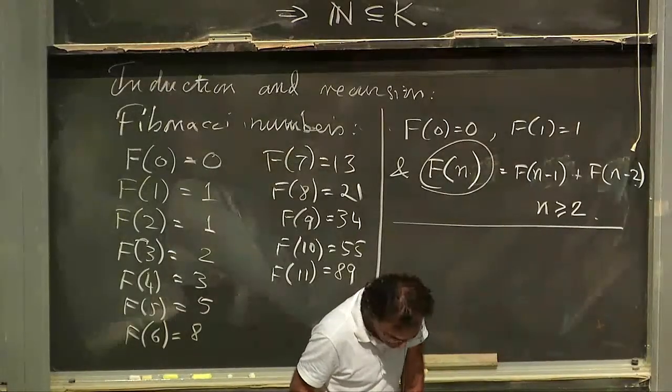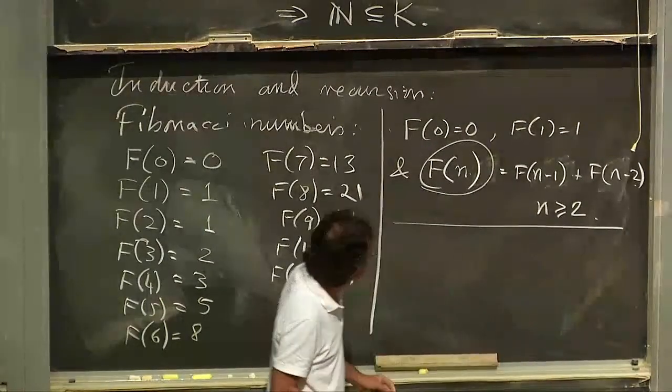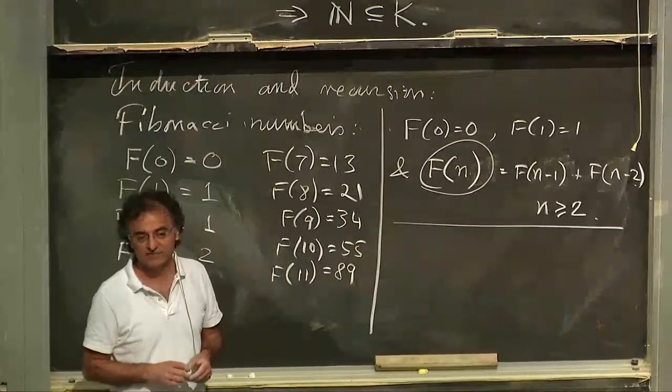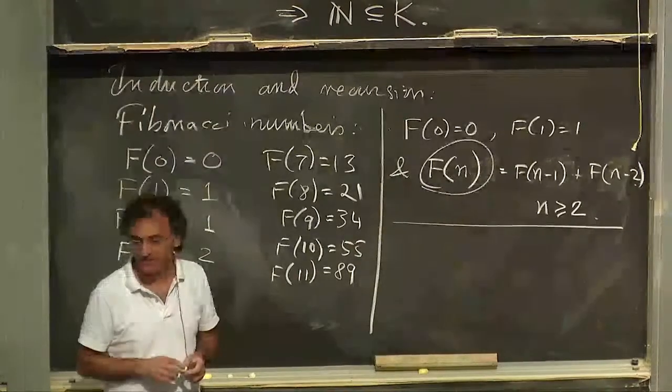Okay, so let's show that the Fibonacci numbers grow very fast. So how fast? Exponentially fast.